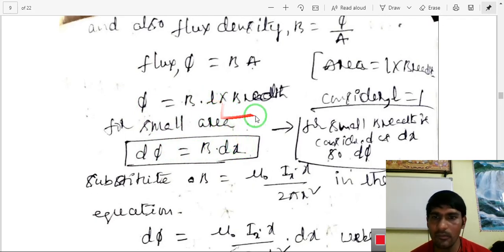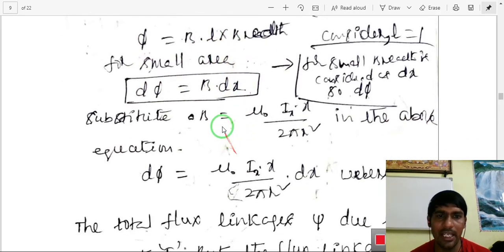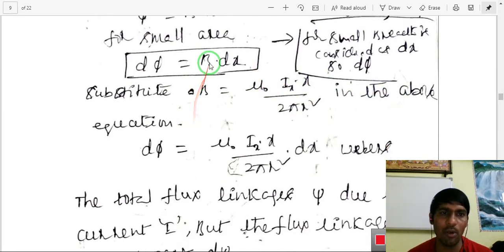Here B, you have already found, equals μ0 into Ix into x by 2πr² in the above equation. So the above equation you can substitute in dφ equals B into dx.